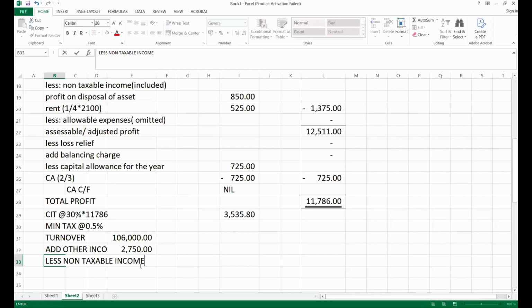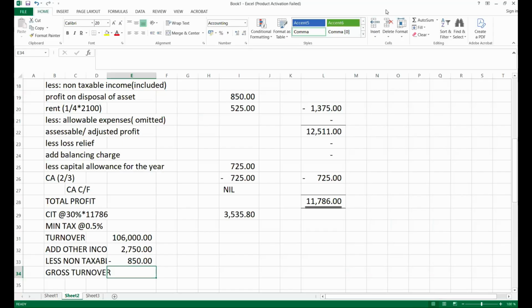So we have non-taxable income of 850 that is included in that other income, 850,000. So this will give us the gross turnover, which is the summation of this information, 107,900.